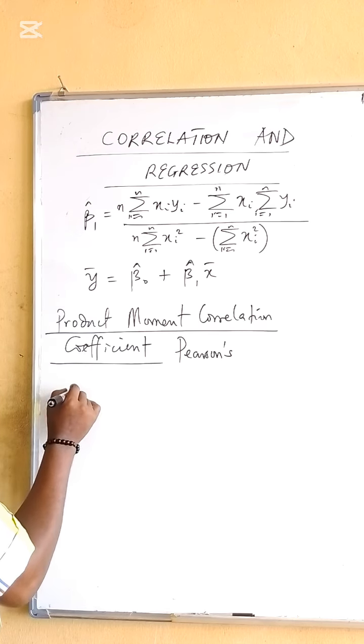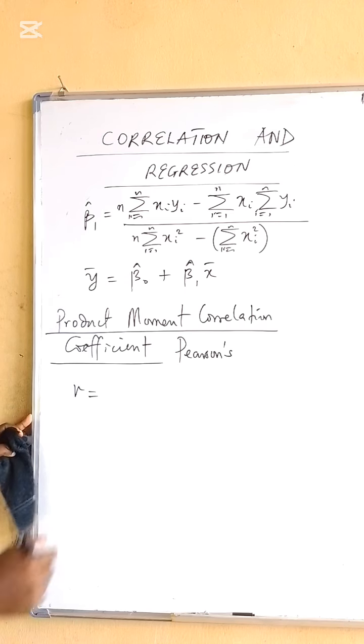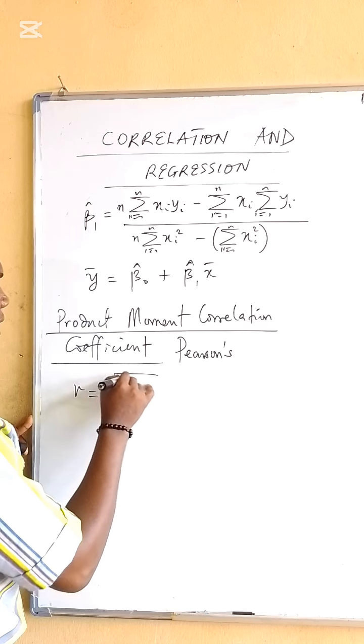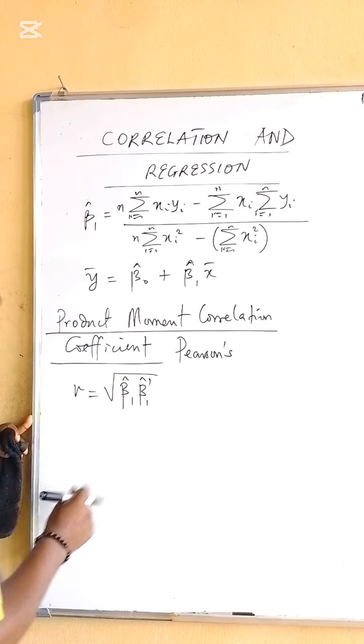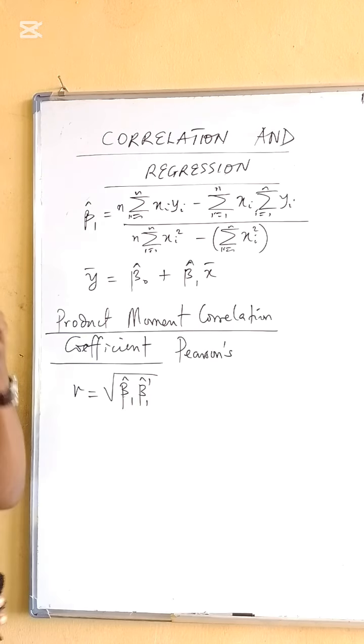Okay, so let's start with obtaining the formula for the Pearson's correlation coefficient, otherwise called product moment correlation coefficient. R, which represents the sample correlation coefficient, is the square root of beta 1 cap times beta 1 cap prime. Now, you might be wondering, where is beta 1 cap prime coming from?